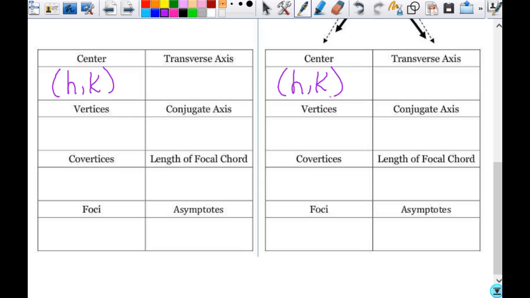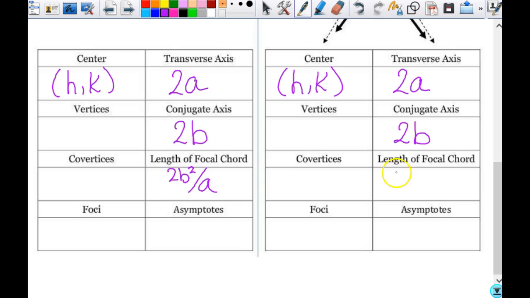The other things that are consistent with both forms: the length of the transverse axis is always 2a, the length of the conjugate axis is always 2b, and the length of the focal chord is 2b squared over a, just like it was for an ellipse as well. And then the other things differ because of the orientation of the graph.